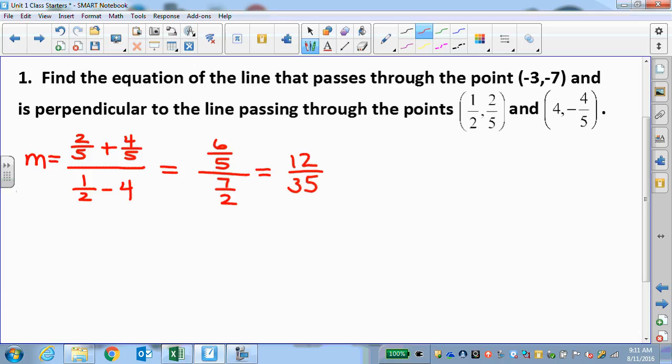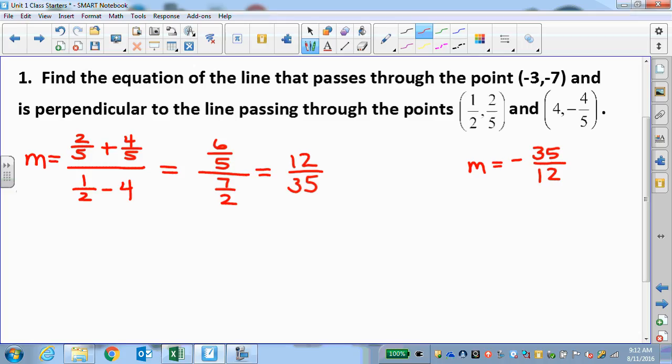And if that's the slope of the line that goes through these 2 points, then what's the slope of the line we're trying to find? -35 over 12. Now we have the slope of our line, and we have a point on our line, (-3, -7).